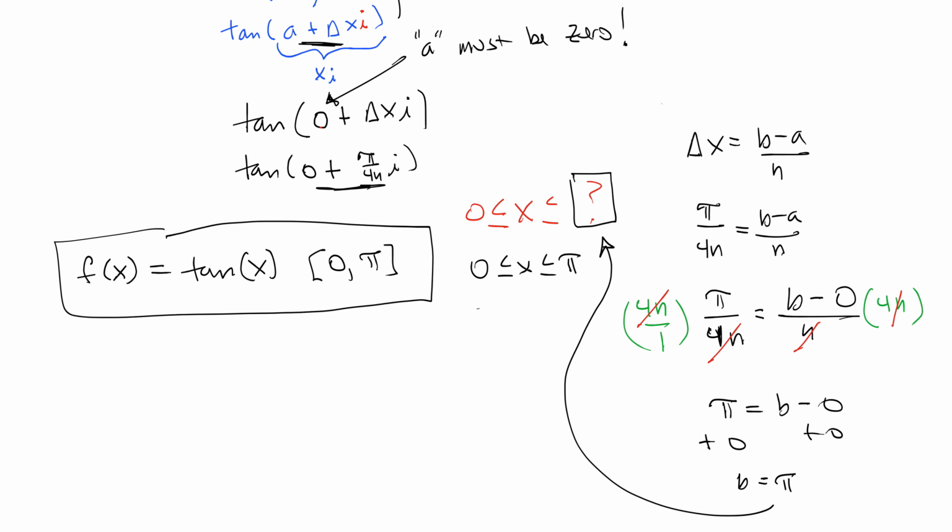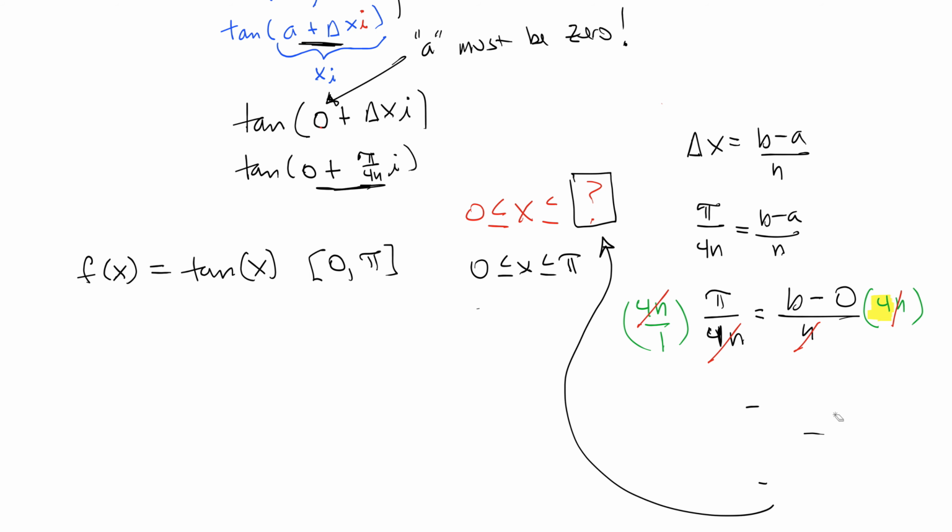But that's not the answer, because you might be wondering what happened to the 4 that was right here. We need to put that back into our problem. So let's erase this part right here. All right, wait. So we have pi equals b minus 0.